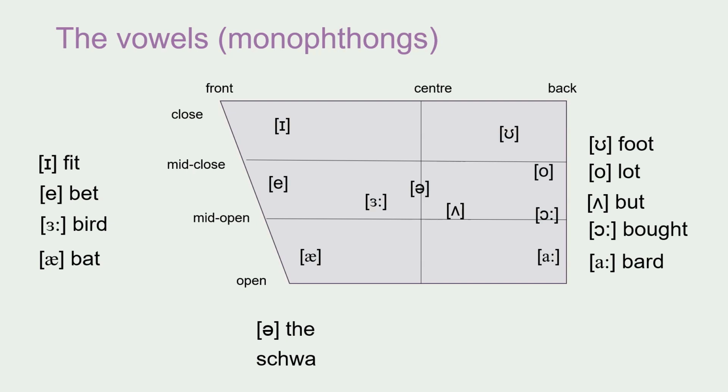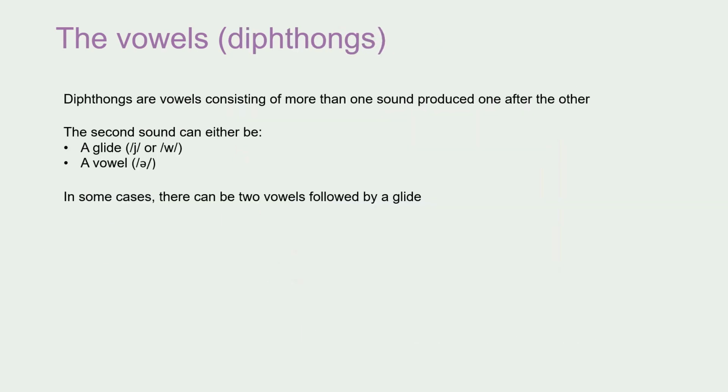Okay, now then, let's move on to look at another set of vowels called diphthongs. This comes from "di", meaning two, and "thong", meaning sound: two sounds. So basically what we're looking at here is a vowel that is produced using two separate sounds, one following the other. That's what a diphthong is.